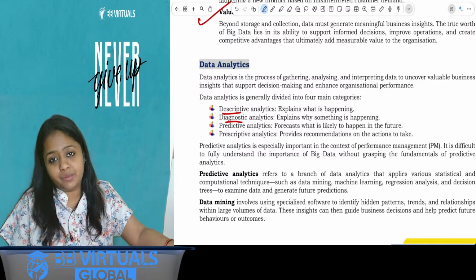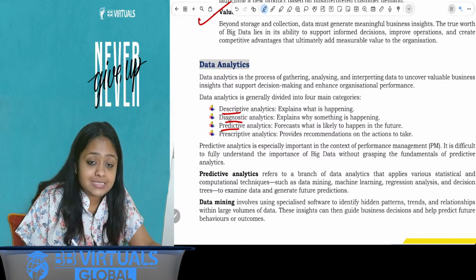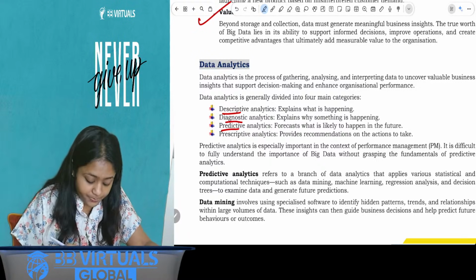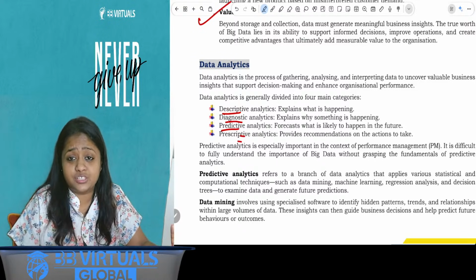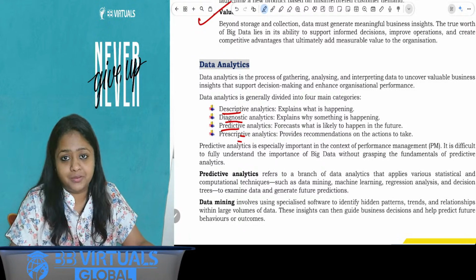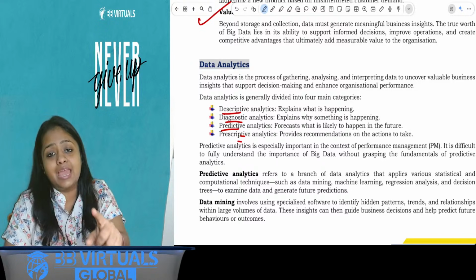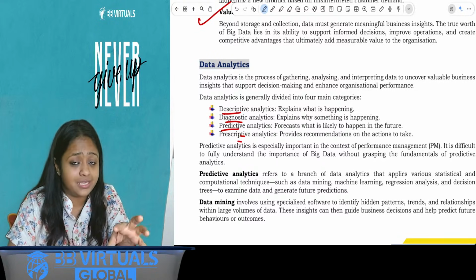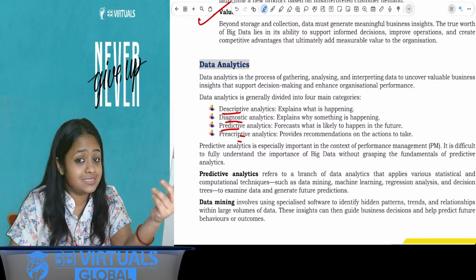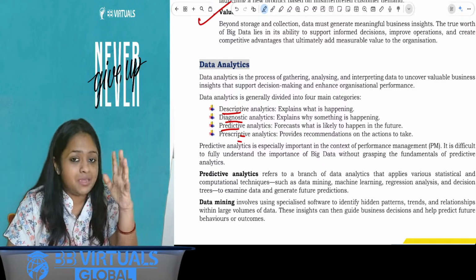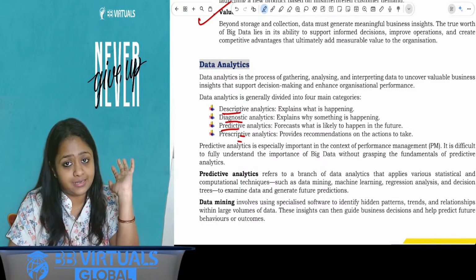Predictive analysis makes predictions for the future. And prescriptive analysis gives recommendations, the course of action that we recommend you to take. These are the actions done by data analytics, and they make use of big data to do this analytics.